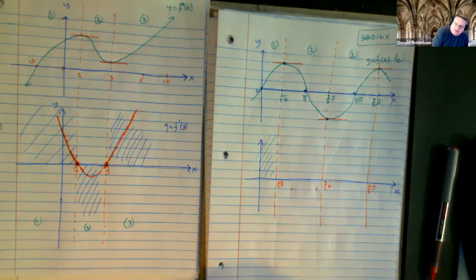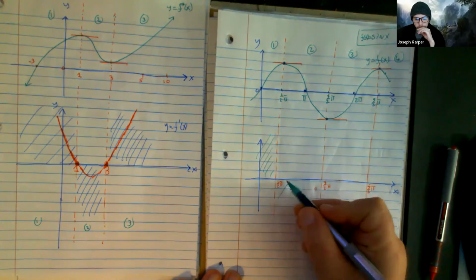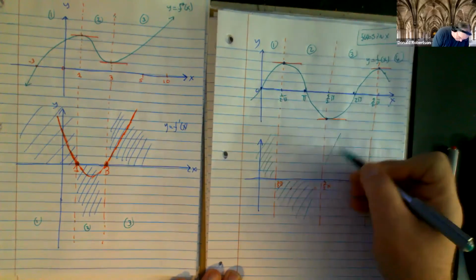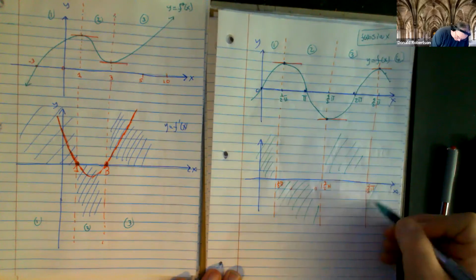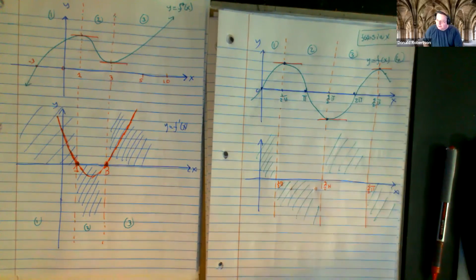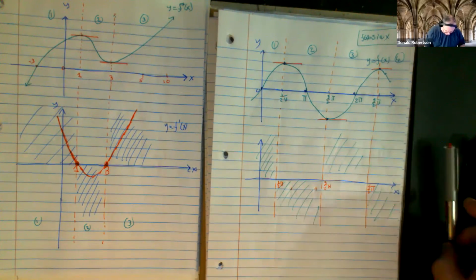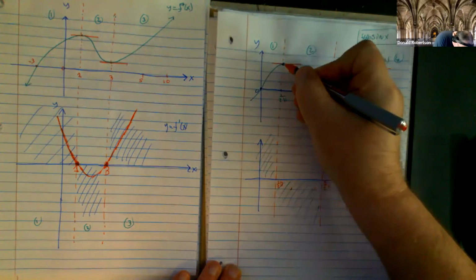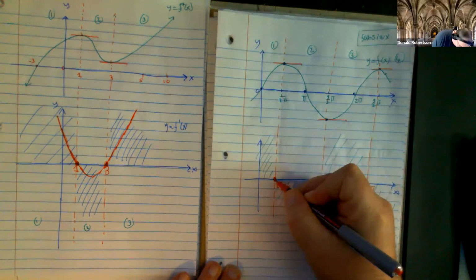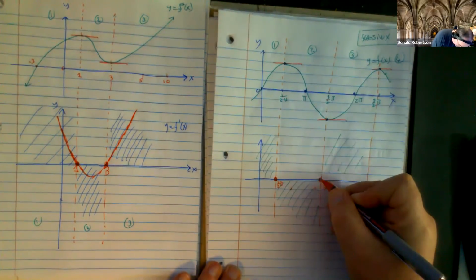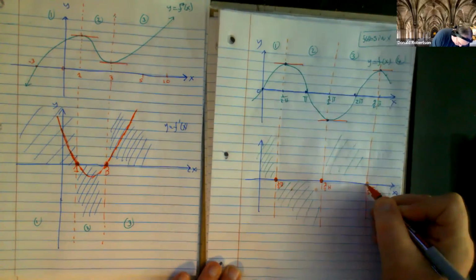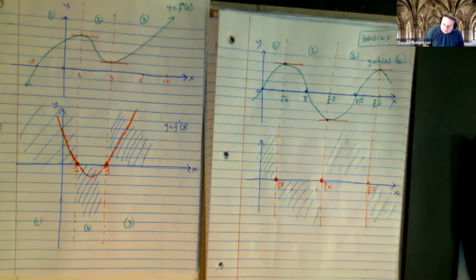Negative. Agreed. Would you agree the next one is positive and then the next one is negative? Isn't it go up, down kind of thing, right? At this point here, isn't the derivative 0? At this point here, the derivative is 0. And this point here, the derivative is 0.